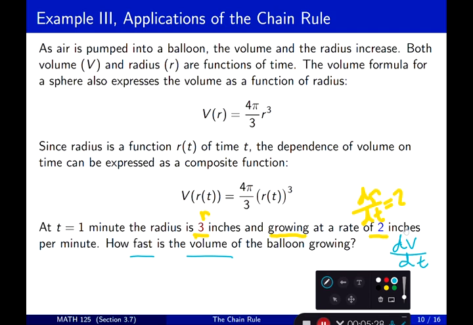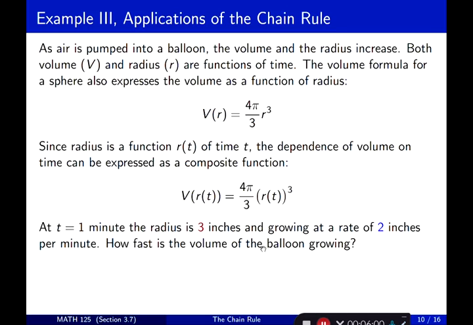But I have all the tools to connect the values at that instant we're talking about. That instant is time t equal to 1. It may not even use that t equal to 1, because we don't have R as a function of time explicitly. So that's important to know.